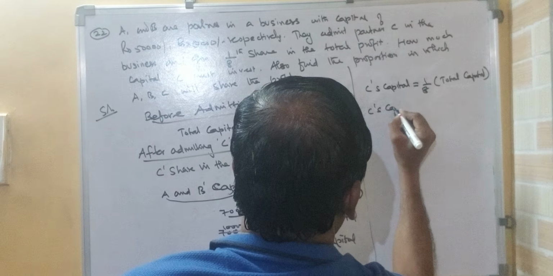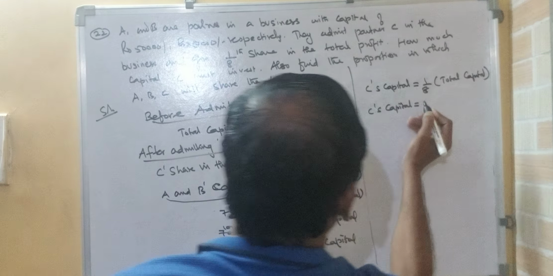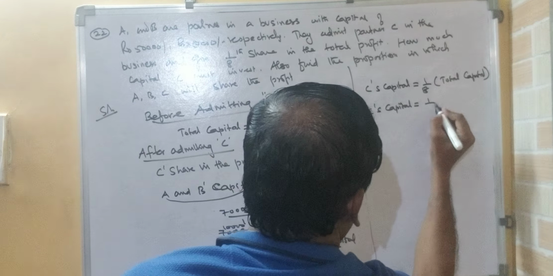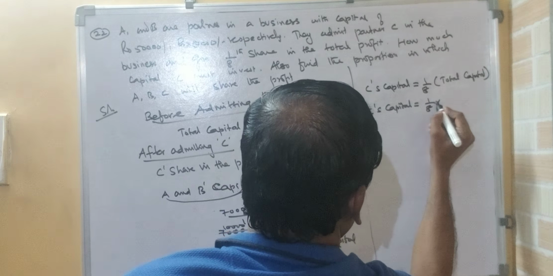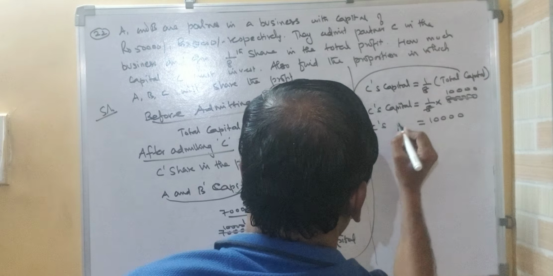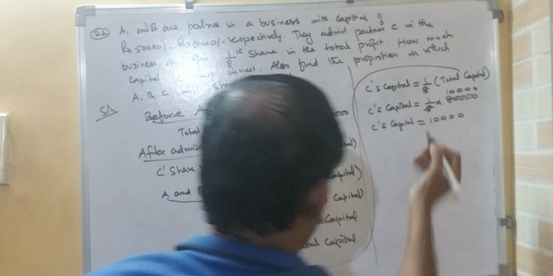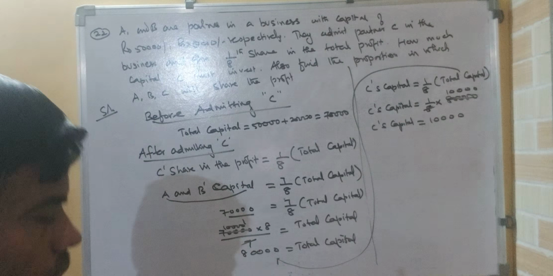C's capital equal to, because he will get 1/8 only, 1/8 into total capital, 80,000. So how much did he bring to the business? 10,000.